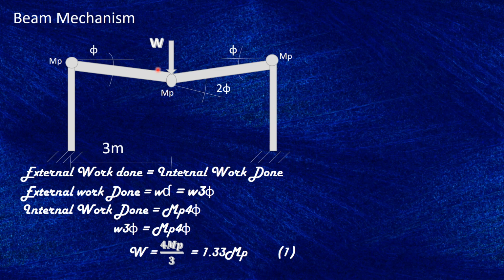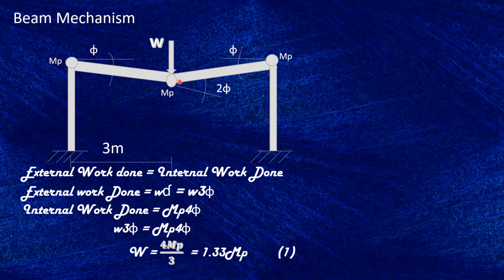The internal work done is, because this load, when it lands onto our beam when it deflects, it dissipates the energy. The energy travels into these joints and then it causes the joint to rotate by theta. So that rotation is caused by MP applied due to the load W. So internally MP applied, so internal work is MP times theta for this rotation.